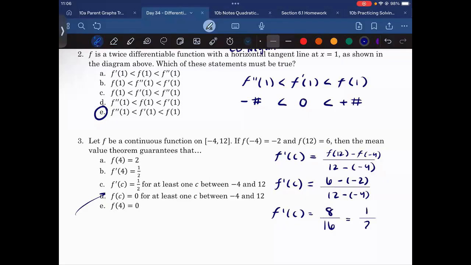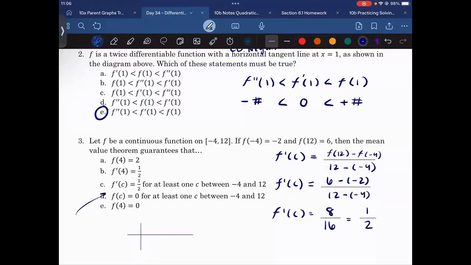Okay, so with that information, let's look at it. So it's some continuous function. Let me just make a little sketch. I don't know what the function is. I don't really care what the function is. But we say from, let's say this is negative 4 and this is 12, 6, negative 2. Cool, great, some continuous function.